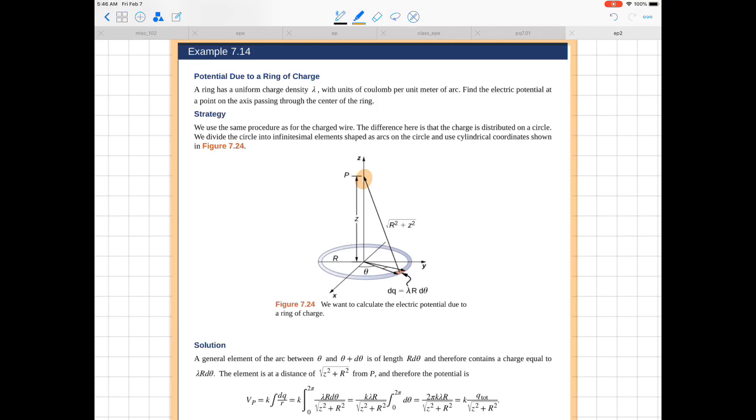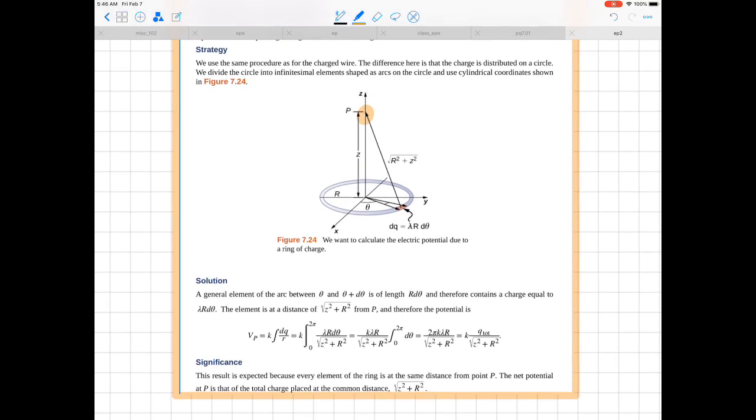And so the basic idea here is that if we want to find the potential, we've got to evaluate this integral dq over r, and the r value there is the distance from our infinitesimal charge element dq to the location that we're evaluating.